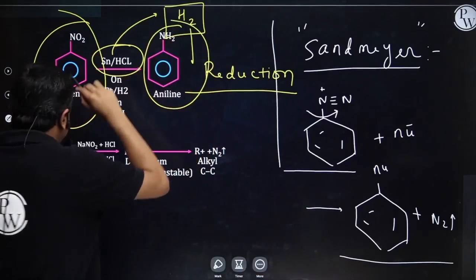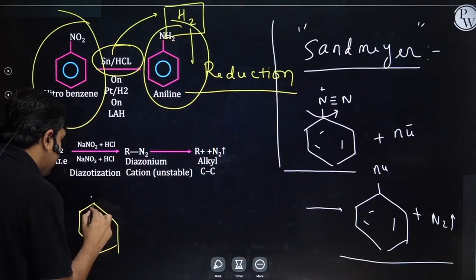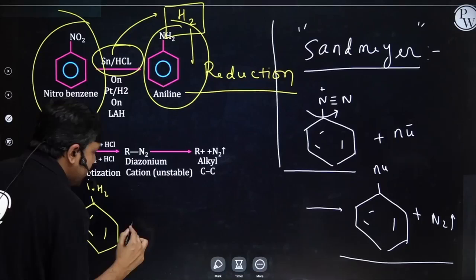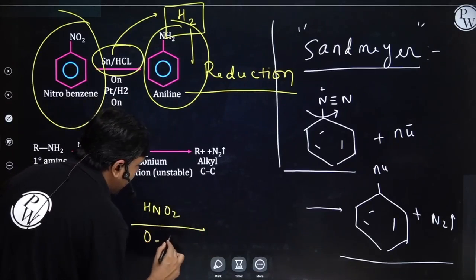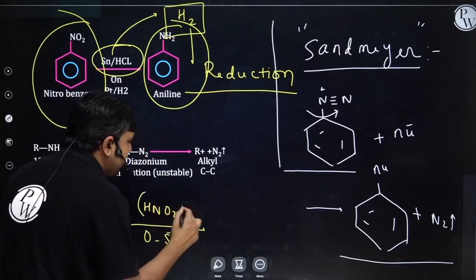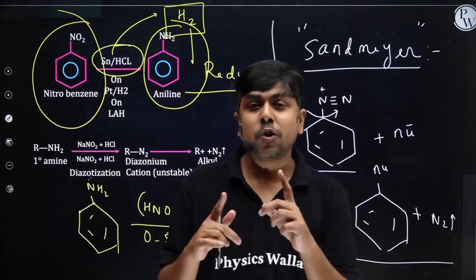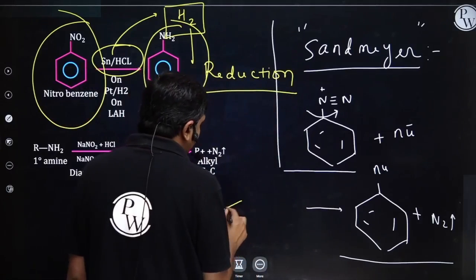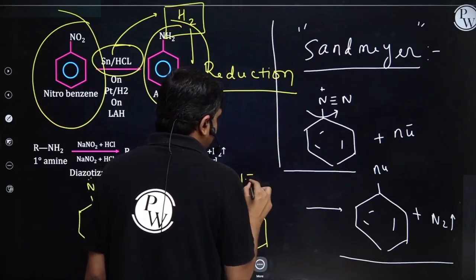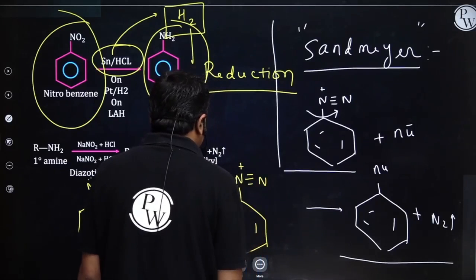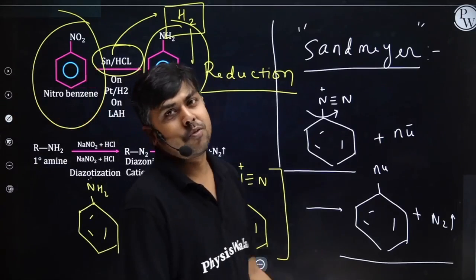Now this PhNH2 is treated with HNO2, nitrous acid, at 0 to 5 degrees centigrade. We will have the formation of PhN≡N+, and it's nothing but benzene diazonium, or diazonium salt.